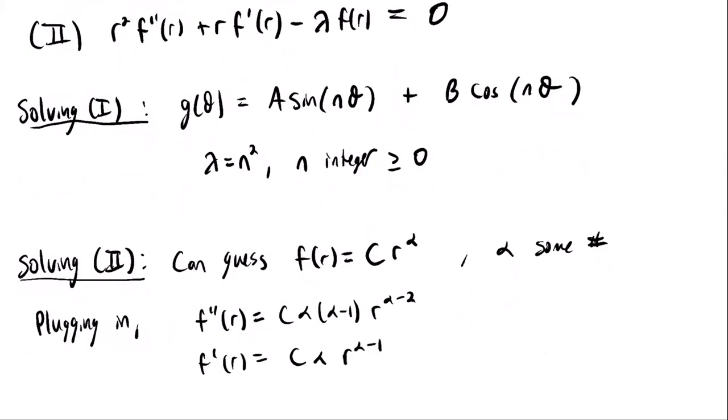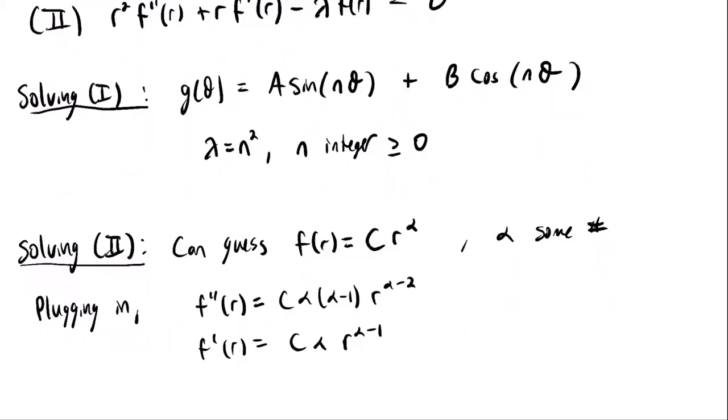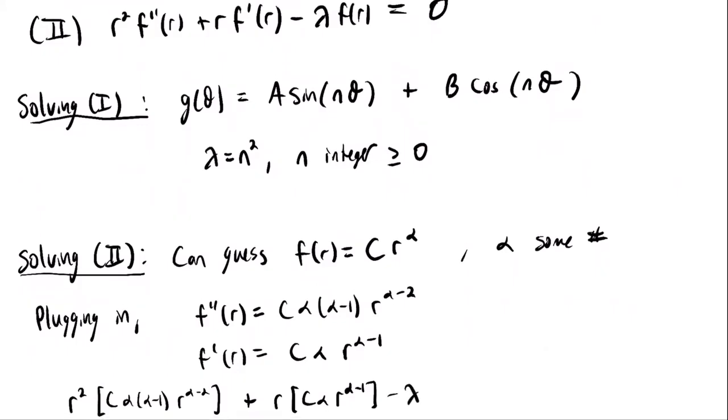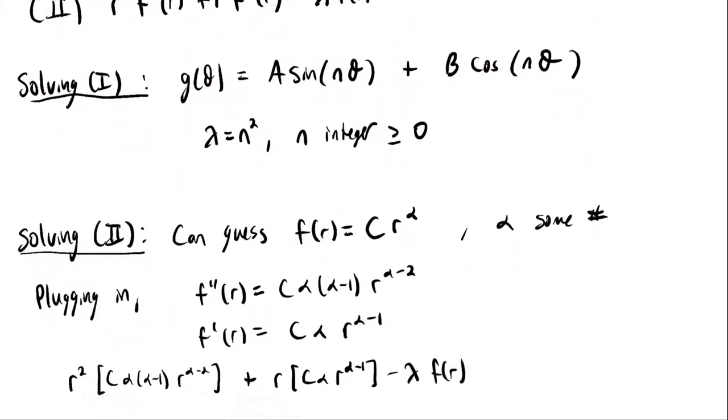And so if I plug these into our equation, we end up with r squared times c alpha times alpha minus 1 r to the alpha minus 2 plus r times c alpha r to the alpha minus 1, and then minus lambda f of r, is all equal to 0. Sorry, f of r is just c times r to the alpha.